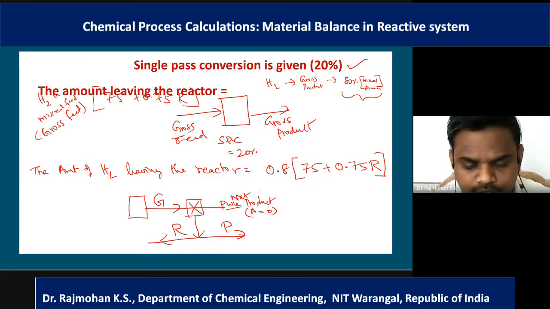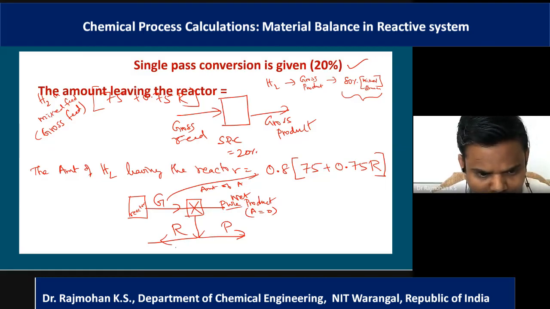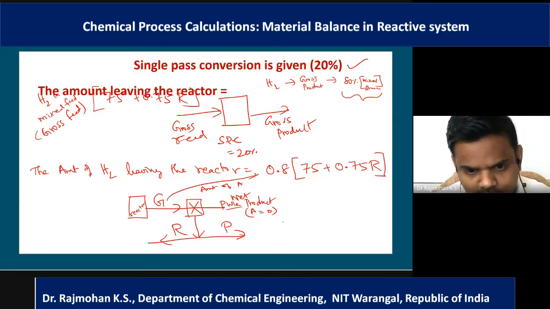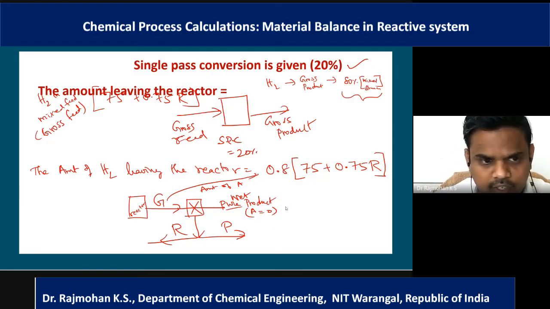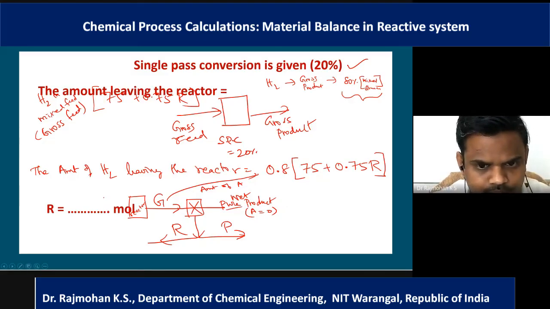Therefore, the amount of A in the stream leaving the reactor should be equal to the amount of A in R plus the amount of A in P. So by solving that equation, we will get the R value.